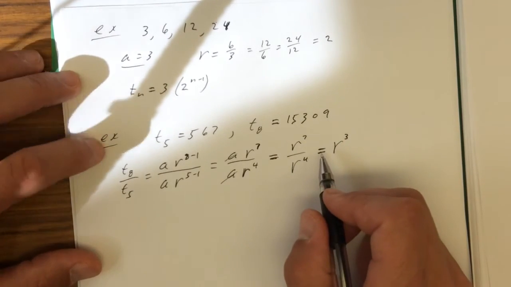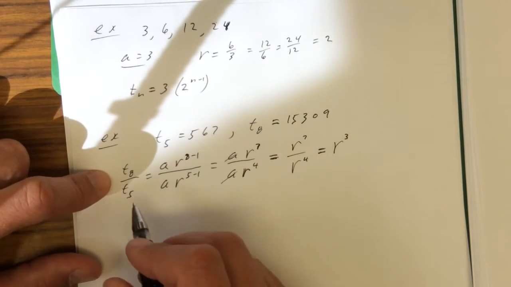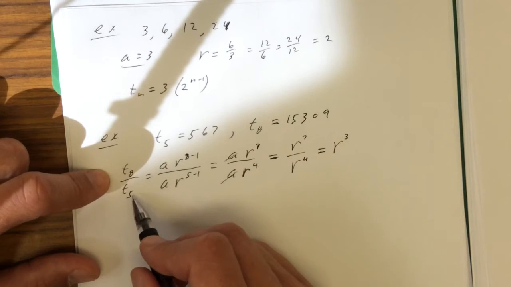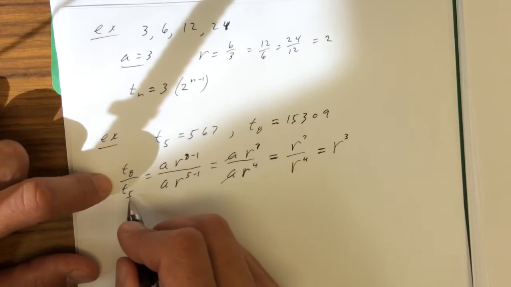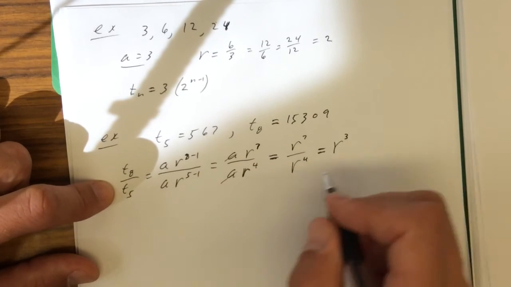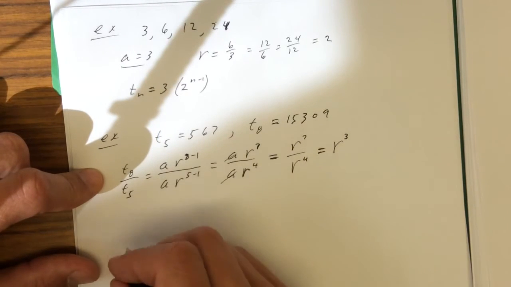So now that we know that T8 divided by T5 is R cubed, we could do that for any 2 terms just by looking at the difference between them. The difference here is 3, so it's going to give you R cubed. If it was T10 divided by T5, then it would be R to the 5. Now we're going to take these 2 terms and put them in here.